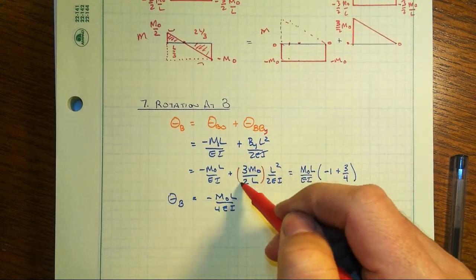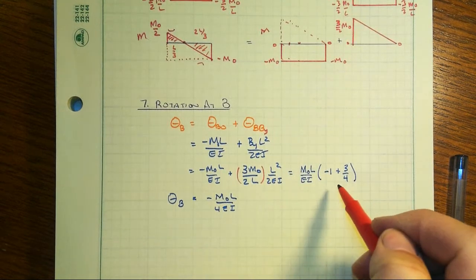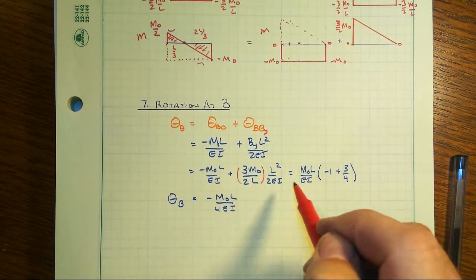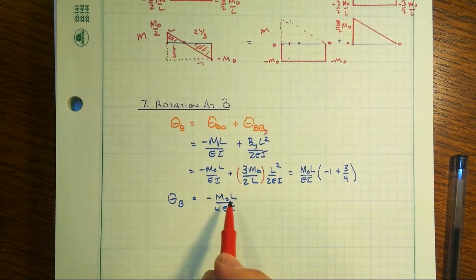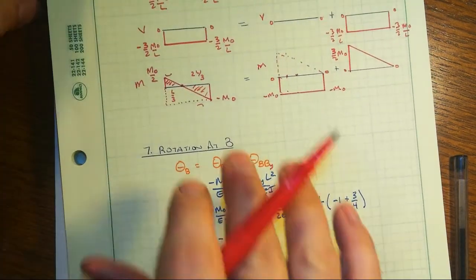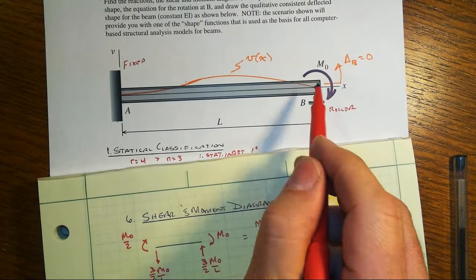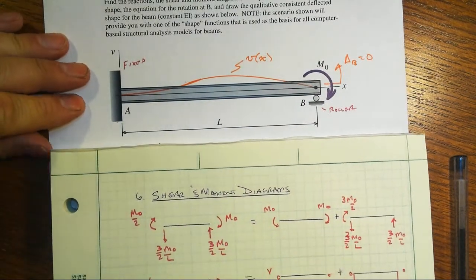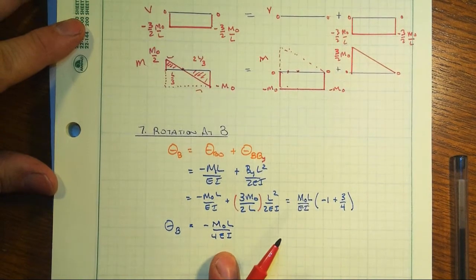Substitute that in right there, and then the rest of this is just reducing and simplifying it down. And note theta B equals a negative value when M0 is positive in the direction shown, which just says that we ought to have a downward slope right here, and that's exactly what we've got drawn, and that's what we ended up developing for that expression.